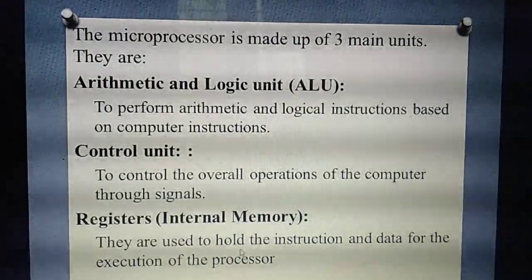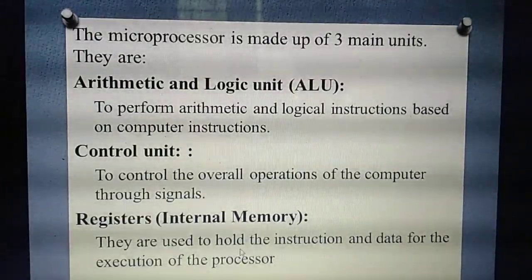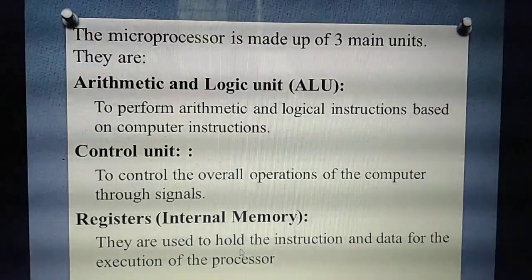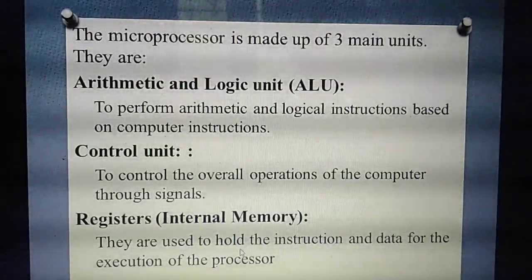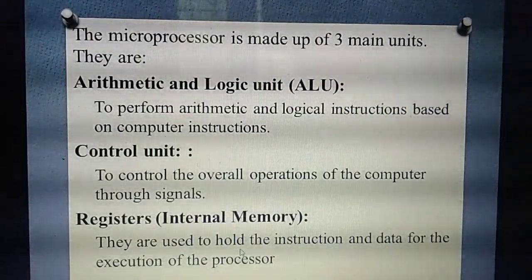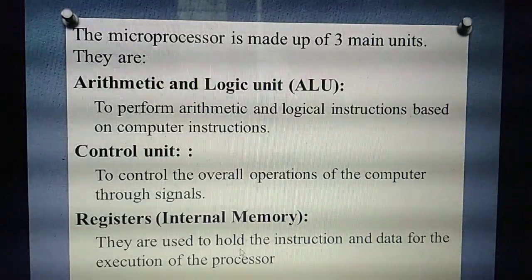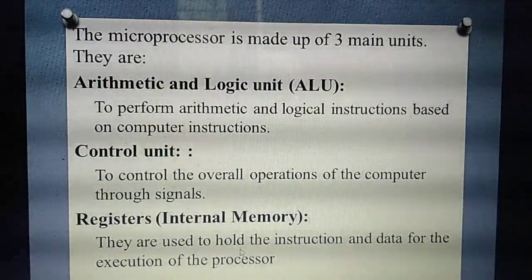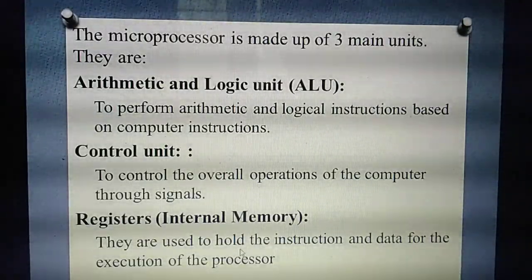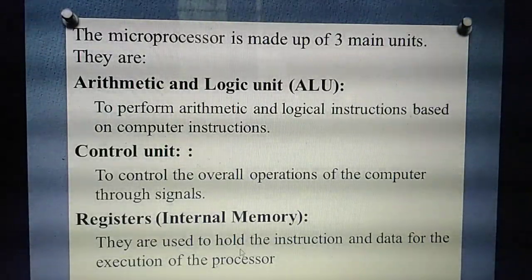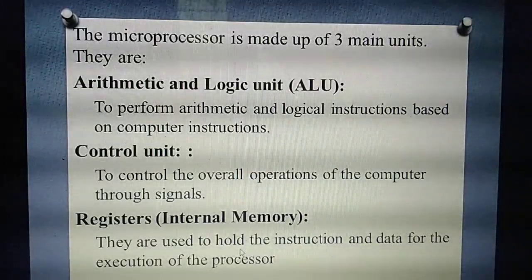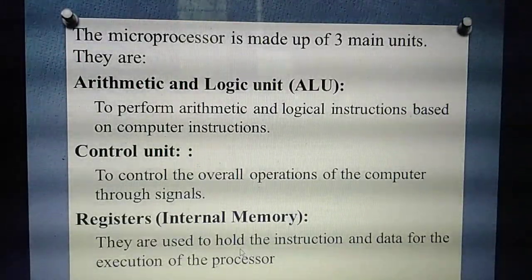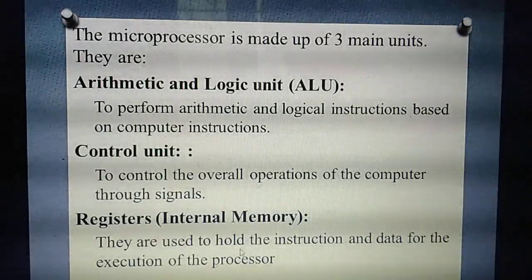What's the use of the arithmetic unit? Already you have studied in the first chapter: to perform all the arithmetic or mathematical calculations. What's the meaning of arithmetic calculations? Addition, subtraction, multiplication, division. Based on your instruction, for example, you are going to add 5 numbers, that's the instruction.